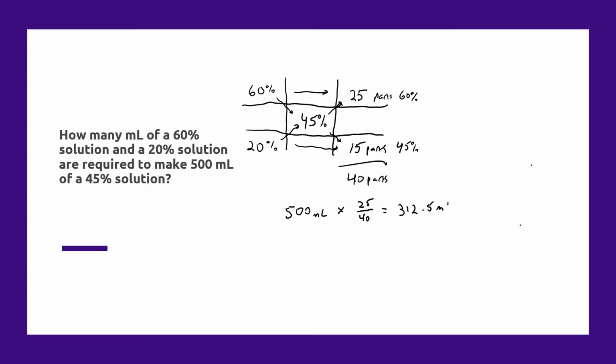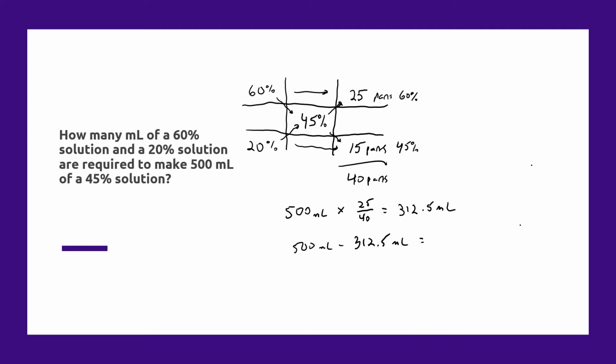312.5 milliliters. Now we can do the same thing for the 45% solution, but we can also just subtract 312.5 from 500 milliliters, since we already know we're using this much of the 60%.